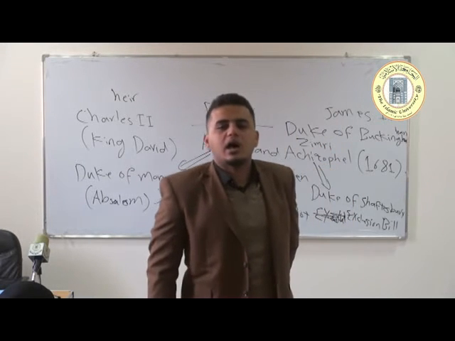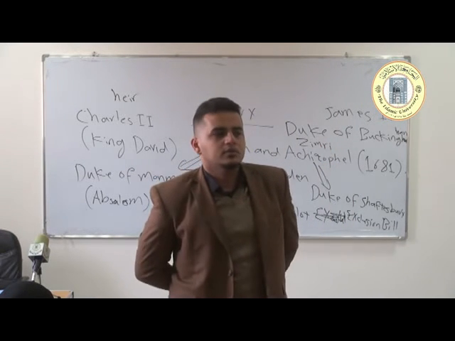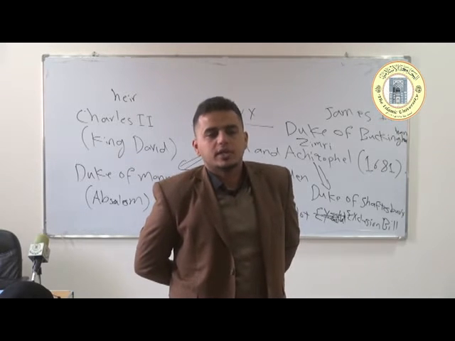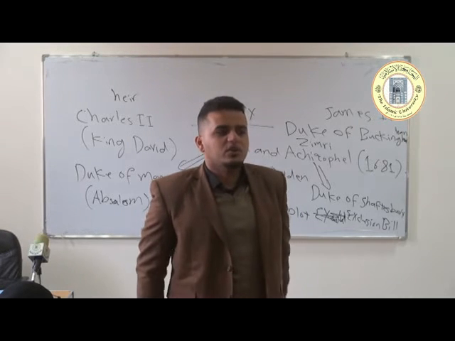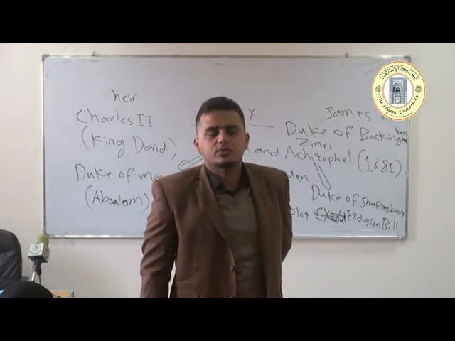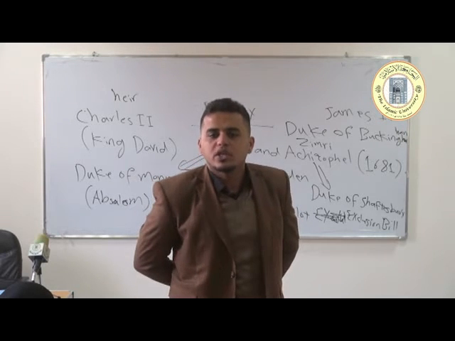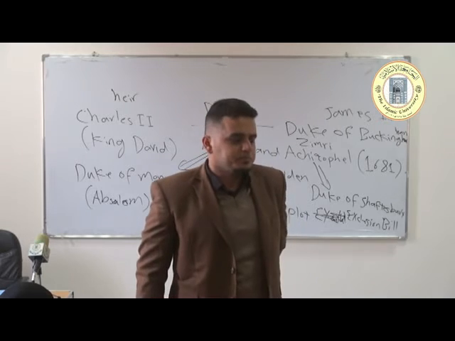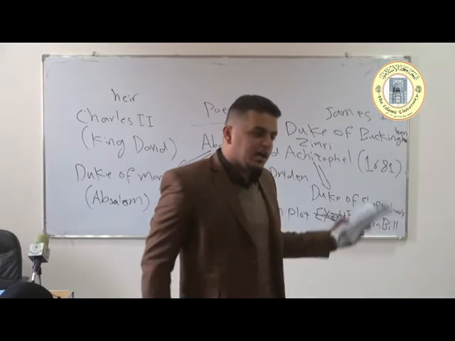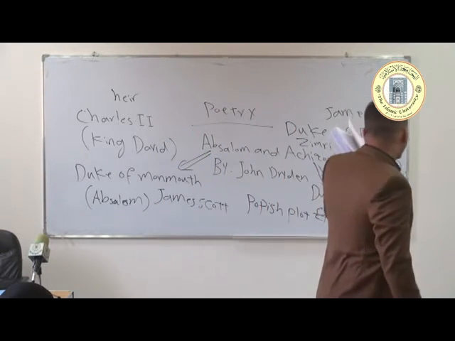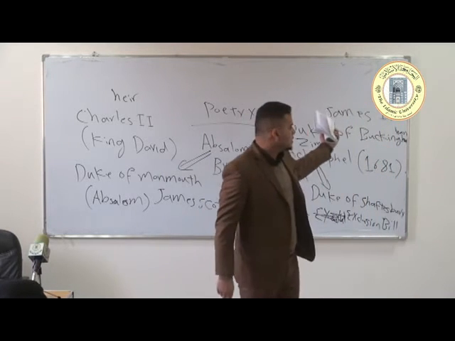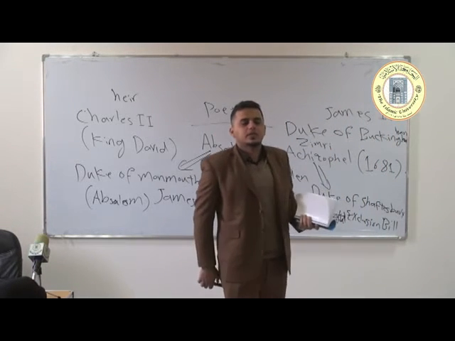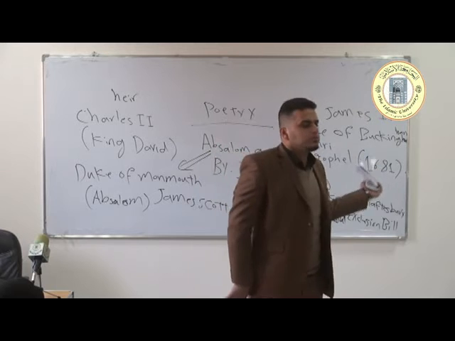Why are they not happy about King David? Do you think that he was unjust to them? No. Because he was following another religion. Like Charles, or James, who is Catholic, while the rest of the country are Protestant.